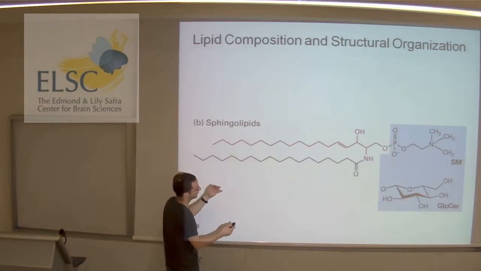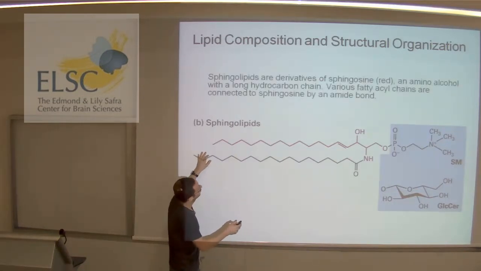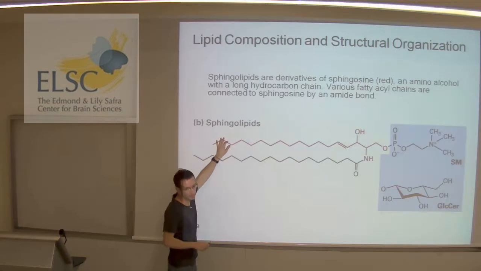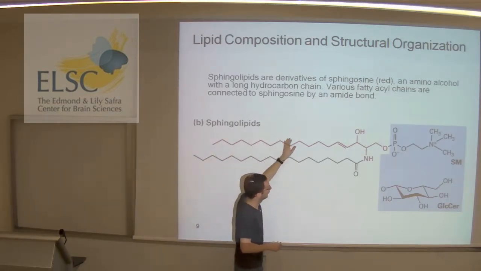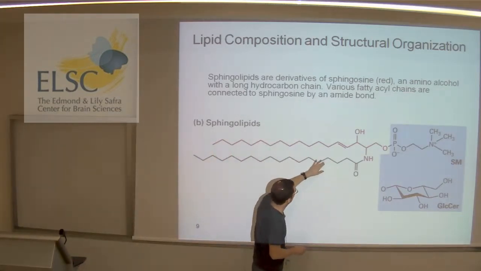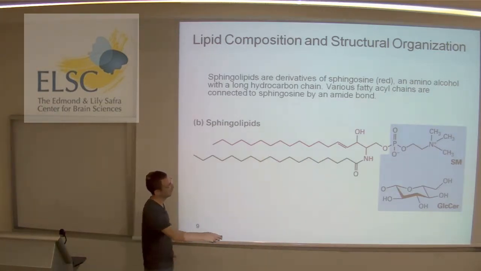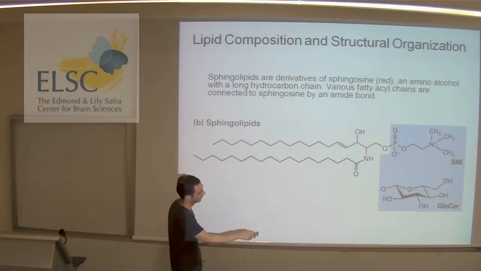The principal structure of the sphingosine includes a fatty acyl chain. So you can play with the second tail that will be linked to it, and again with the polar groups that will be esterified on this side of the molecule.